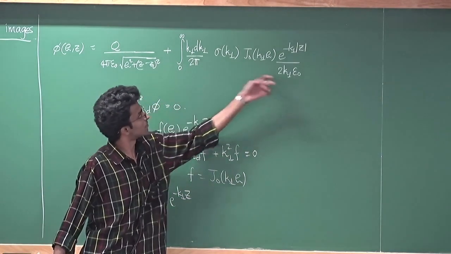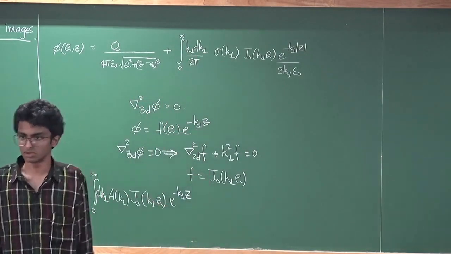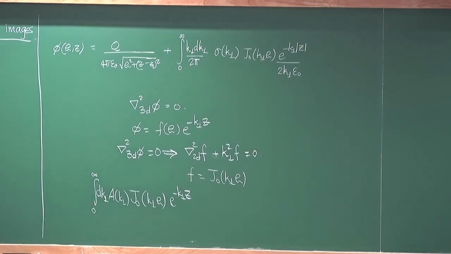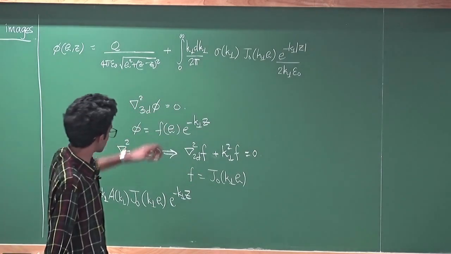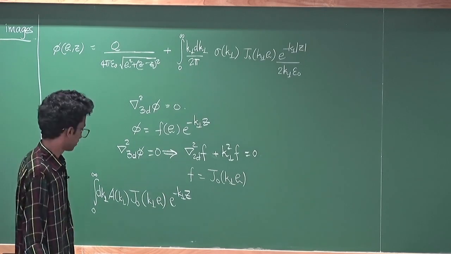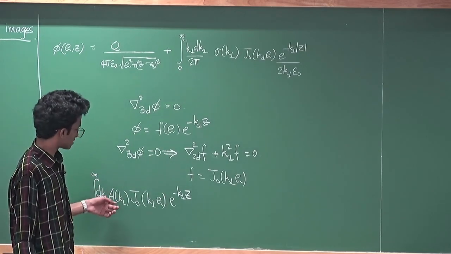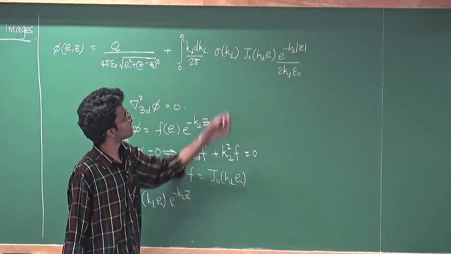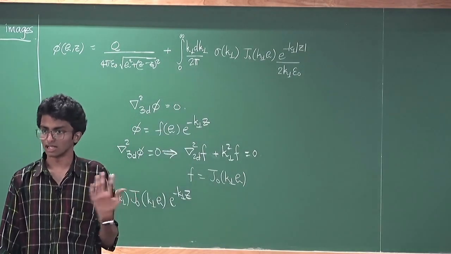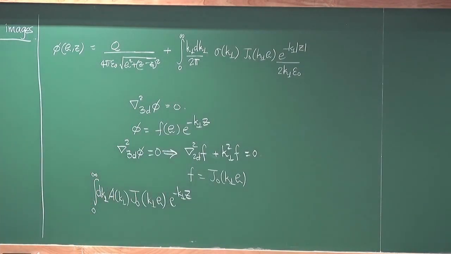The rest is just some normalization, which we'll see to be convenient in a moment. If you don't want to put it, you can just write it like this. The real interpretation is that this A, when you write it in this normalization, the sigma is the induced surface charge density. Okay, so I'm going to erase this.